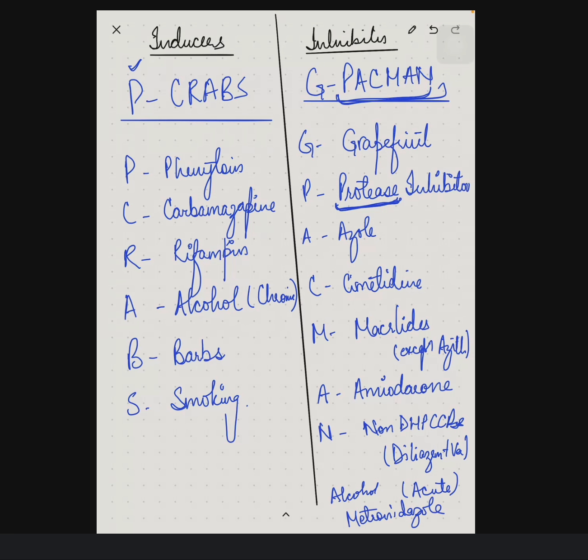So this is the list of inducers and inhibitors. Inducers are going to increase the number of active cytochrome P450, which will increase the metabolism. And when the metabolism is high, the plasma concentration of active drug is going to decrease and excretion of drug will increase. It's going to be opposite in case of a prodrug.